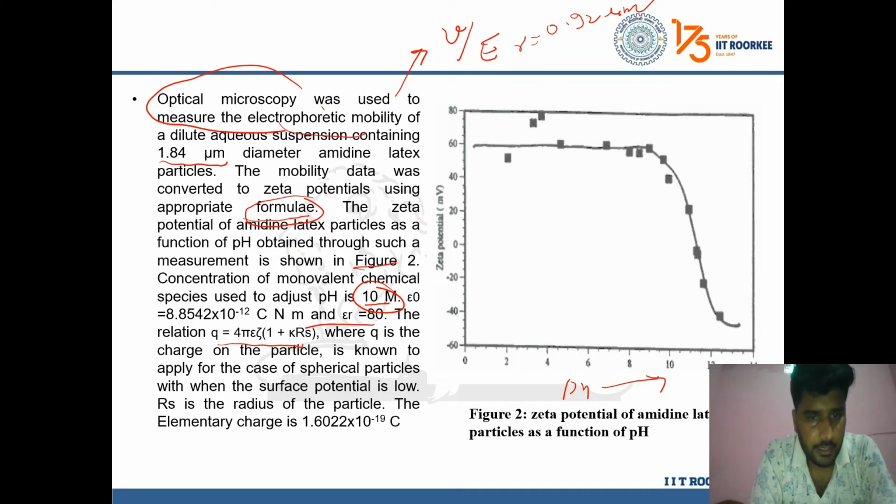Rs is the radius of the particle, and the elementary charge is this. Based on the information provided here, I think this is 10 to the minus 3 or 4 in this question. Let me correct it. I am writing here 10 raised to minus 3 molar.